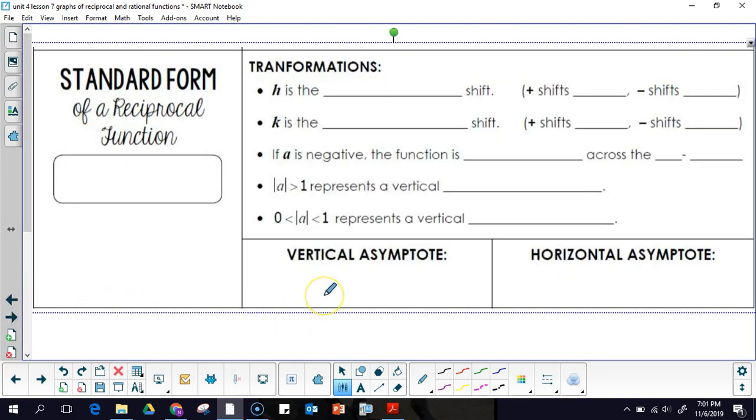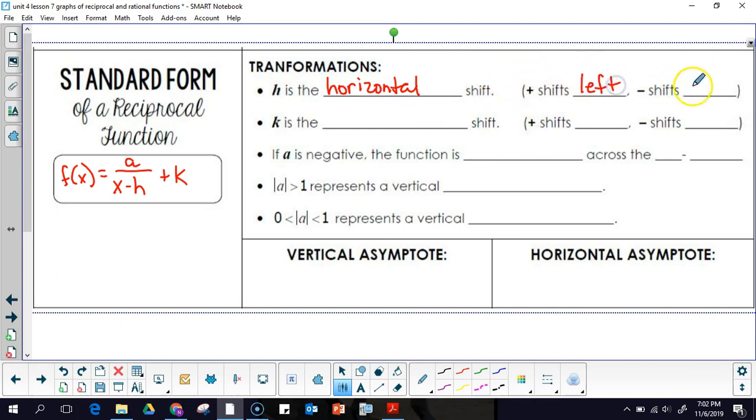Standard form looks like this. f of x equals some number a over x minus h, plus k, where these are the transformations. These are the vertical and horizontal shifts and all that. h is the horizontal shift, so that is left and right.